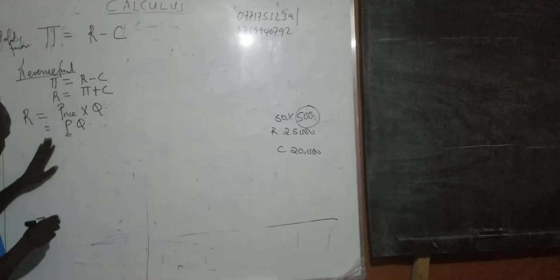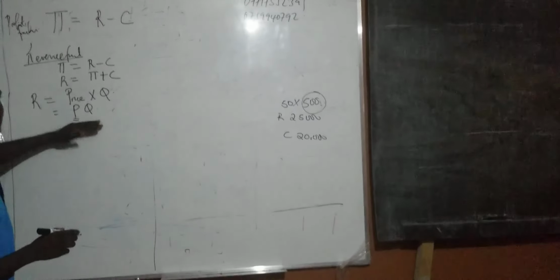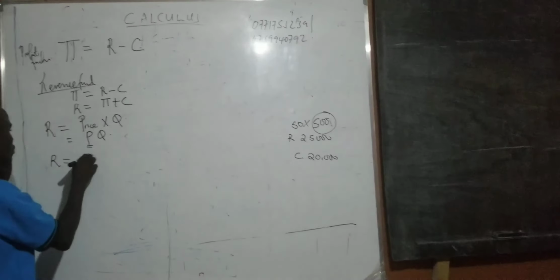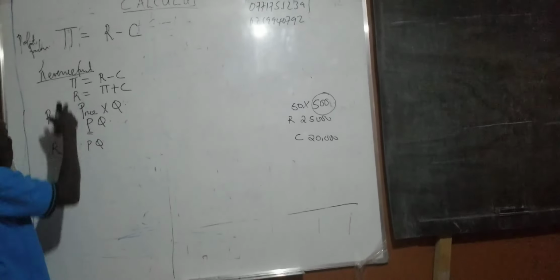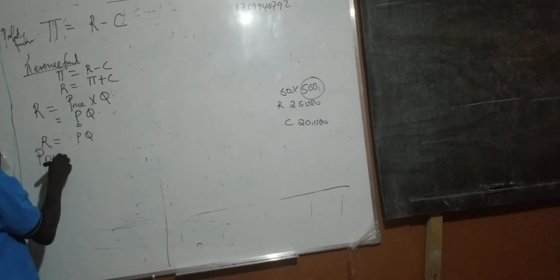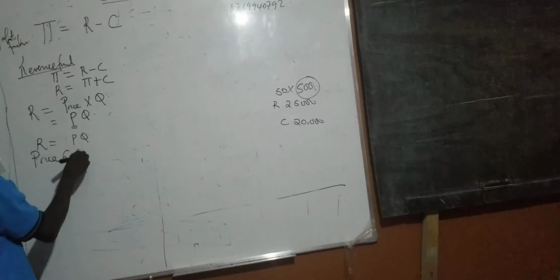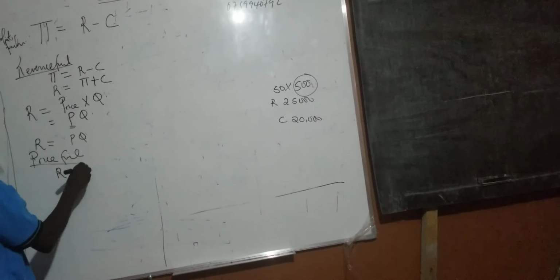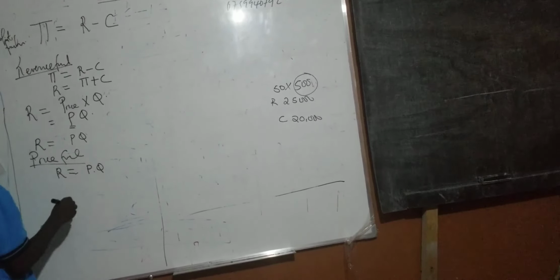From the revenue we can also get the price function. How to get the price function? You can get it from here: revenue equals price times quantity.